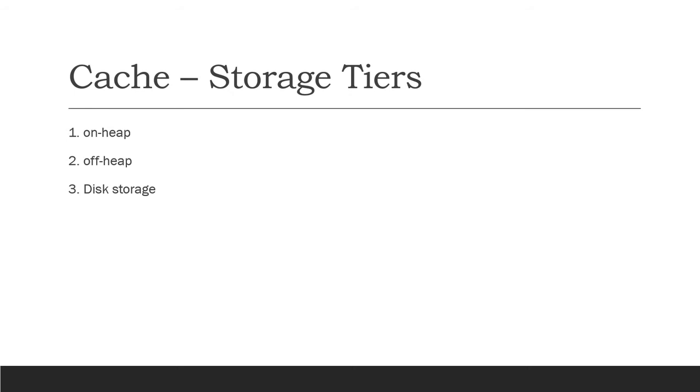For example, on-heap storage means we set a configuration like we need to store 1000 records on-heap. So these 1000 records will be stored in on-heap memory. On-heap memory means JVM heap memory.